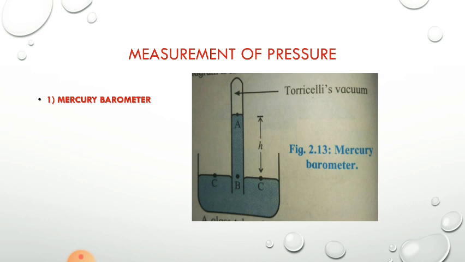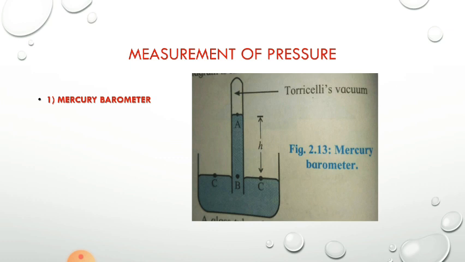The barometer is in the form of a glass tube completely filled with mercury and placed upside down in a small dish containing mercury. A glass tube of about 1 meter length and a diameter of about 1 centimeter is filled with mercury up to its brim.